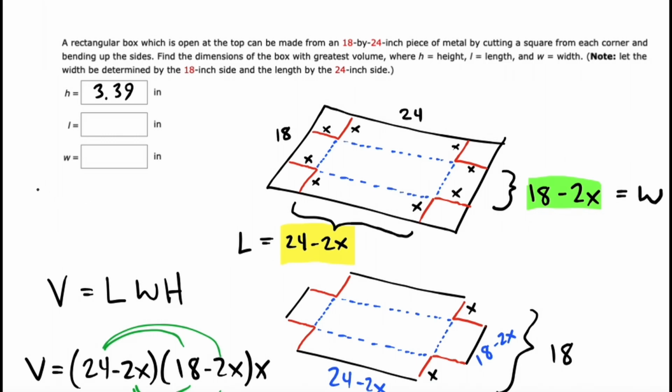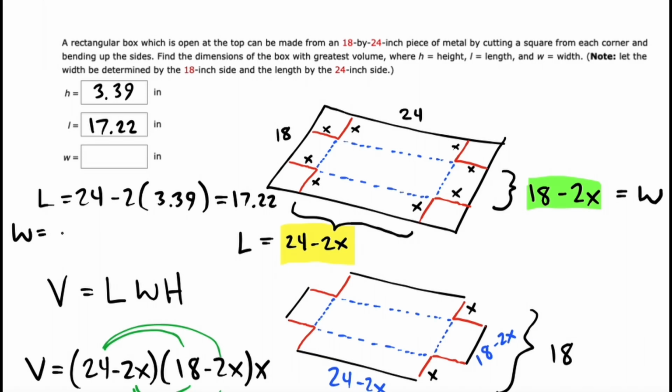So your length needs to be 24 minus 2 times 3.39, which is about 17.22. And your width needs to be 18 minus 2 times 3.39, 11.22. So these are going to be our final dimensions.